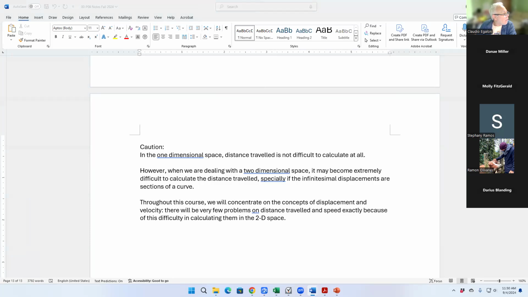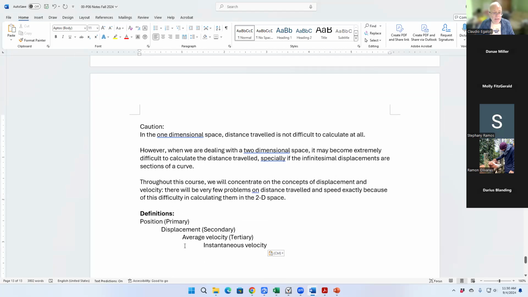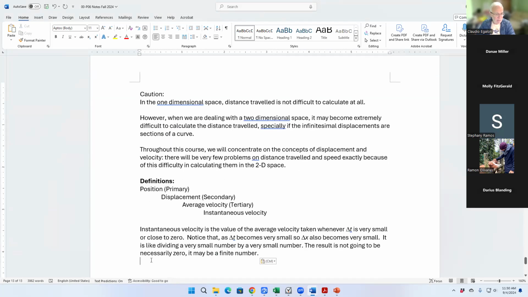So now we are going to concentrate on position, displacement, and average velocity. And now there is something else that you have to know, called the instantaneous velocity. The instantaneous velocity is a concept in physics as well. It's the value of the average velocity taken whenever delta t is very small, or close to 0.